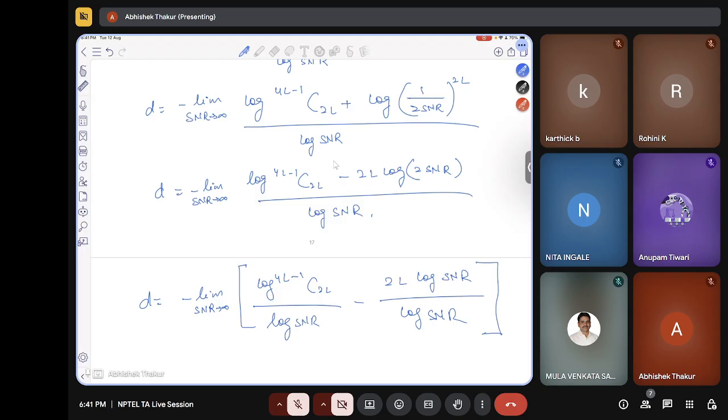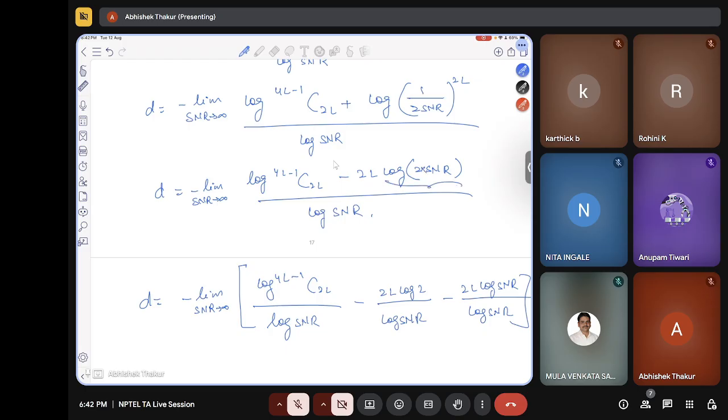Again we can break this into two terms, because this is 2 into SNR, so log of 2 SNR becomes log 2 plus log SNR: 2L log 2 by log SNR and minus 2L log SNR divided by log of SNR.